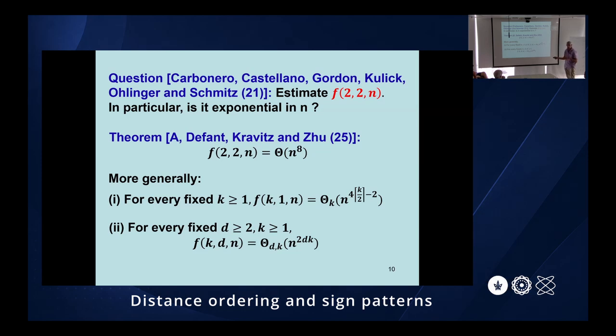So if d is 2 and k is 2, this is 8 that we get here. And I want to mostly almost show you the upper bound. I should say that really, technically, the lower bound is in fact more complicated, but maybe less interesting.